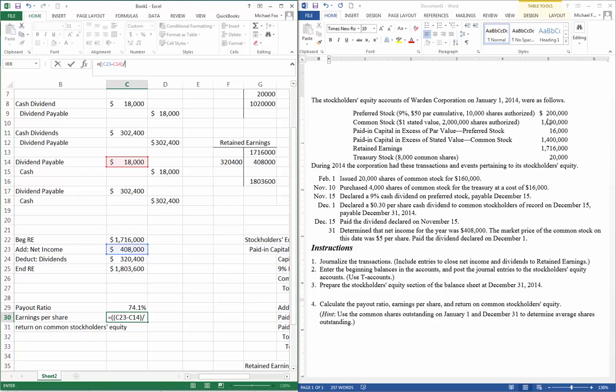Preferred stock is its own sort of animal, and so usually when we do these, we just deal with common stock. So at the beginning of the period, we had a common stockholders' equity of $1 million plus the additional paid-in capital of $1.4 million plus the retained earnings less the treasury stock, and that comes out to $4,096,000.